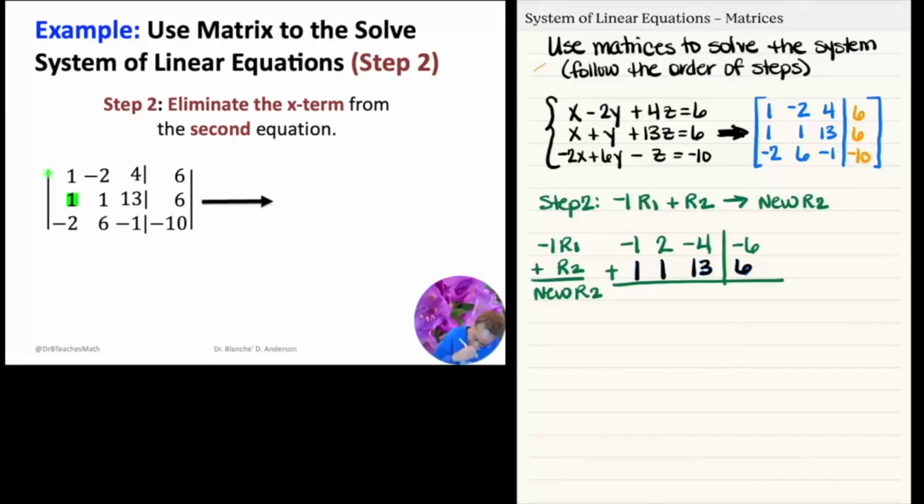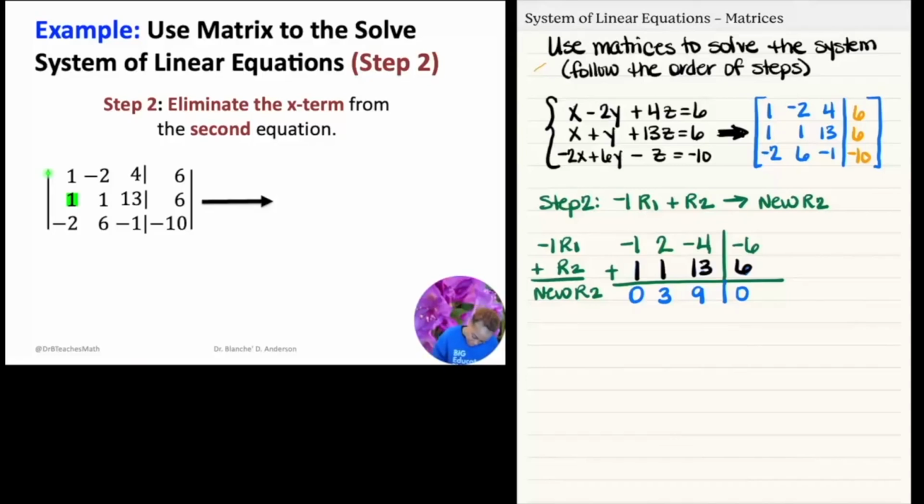That's 0, that's 3, 9, and 0. Yeah, 9, 10, 11, 12, 13. Okay, cool. So this is my new row 2.